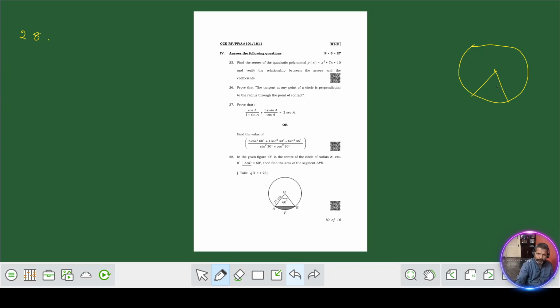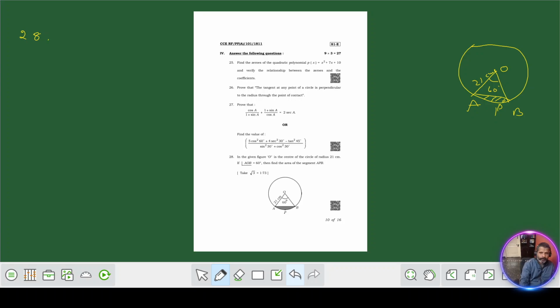O is the center of the circle. A, B and P are marked here. And this is the segment. The area of the segment they have asked, and they have given 60 degrees and this is 21 cm. Clear? It's a very straight question, but a very important question.